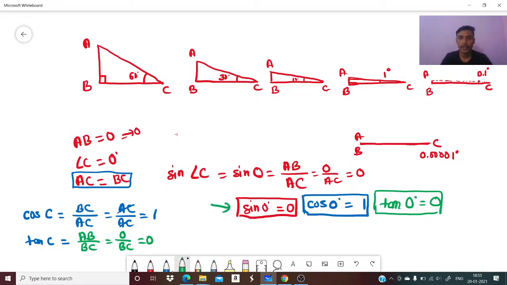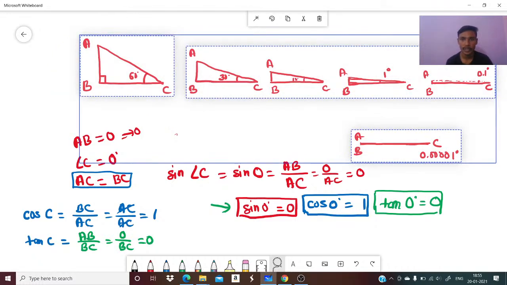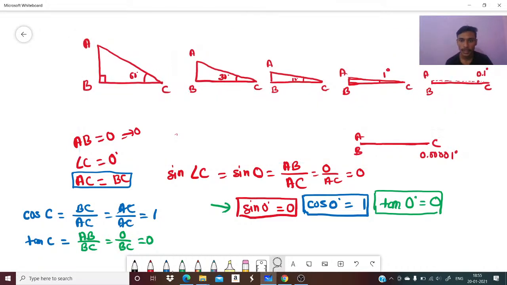Now what if I ask you about the 90 degree angle? Let me show you from this angle itself. Let me cut all of this and paste it on a new slide.